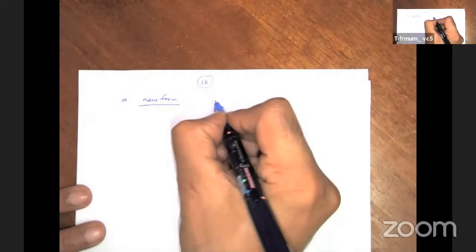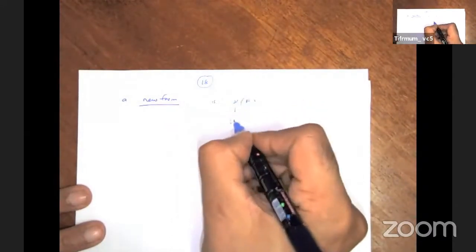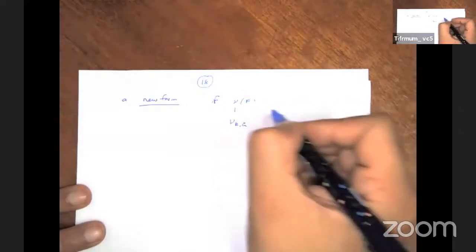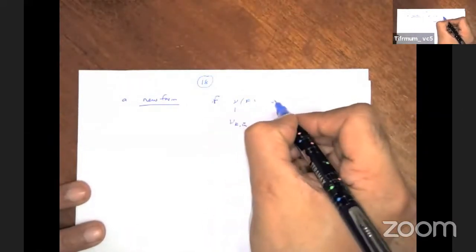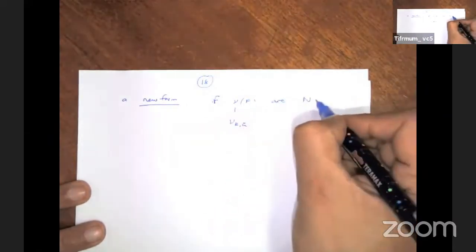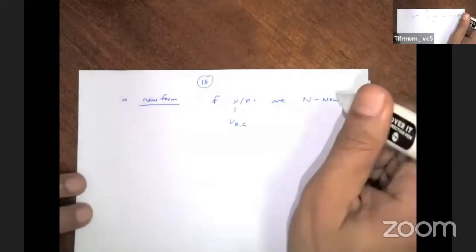If all the specializations lying over these forms are N-new. Okay, so new at N. So it might be old at p.